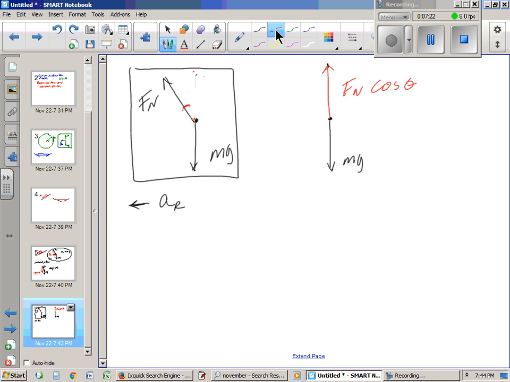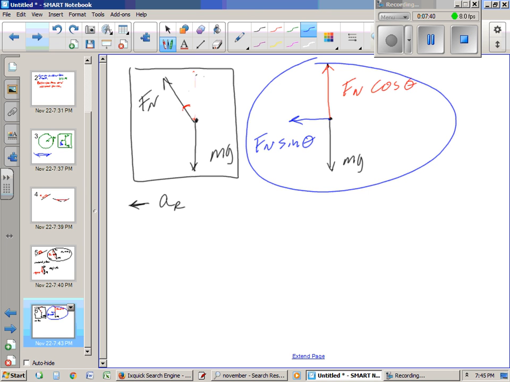Then we have another component over here on our real forces diagram. It would be this blue one in the x direction, and that, of course, is going to be Fn sine theta. So this circle diagram is our modified diagram, and that's the one we can play with.